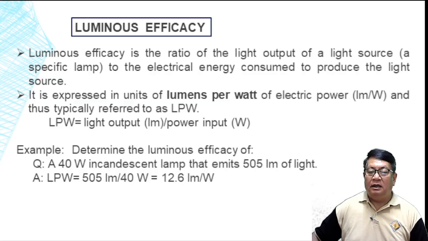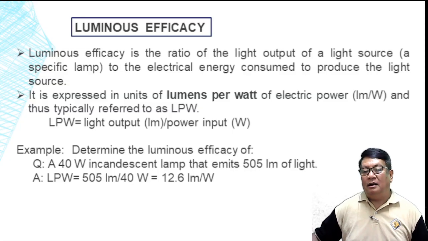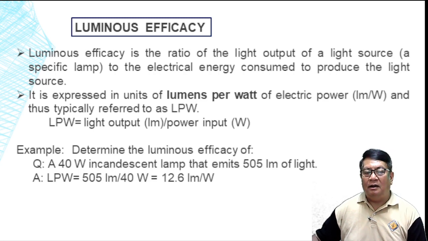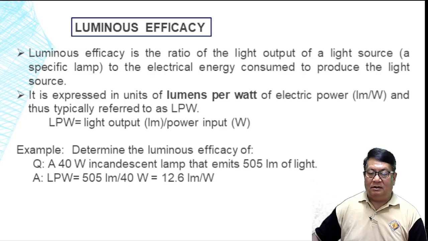The lumens per watt, or LPW, is the produced or emitted amount of light in lumens divided by the input power in watts. So 505 lumens per 40 watts is more or less 12.6 lumens per watt, or LPW.